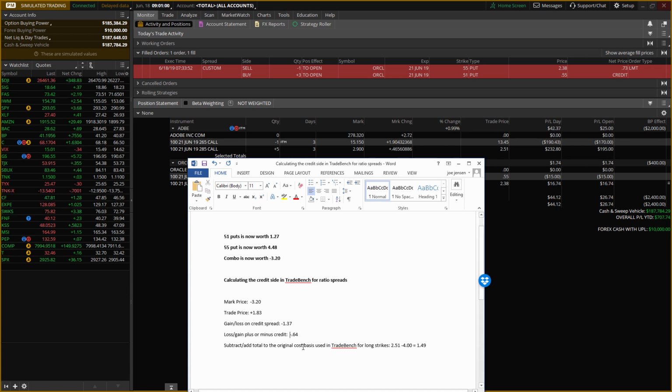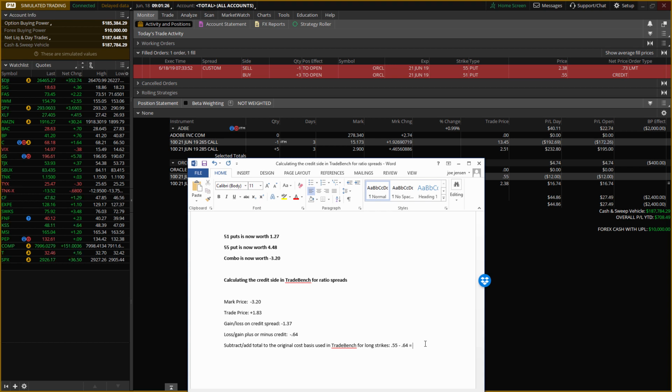So we take the total of the original cost of the puts, and in this case they were 55 cents. So it's going to be a small loss, but not much. So we go 0.55, which is the original cost for the puts, minus that 64 cents.